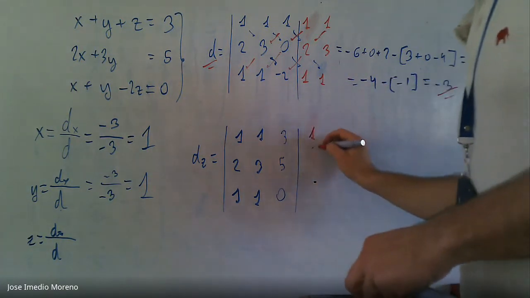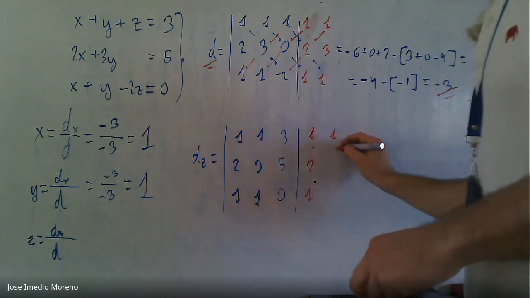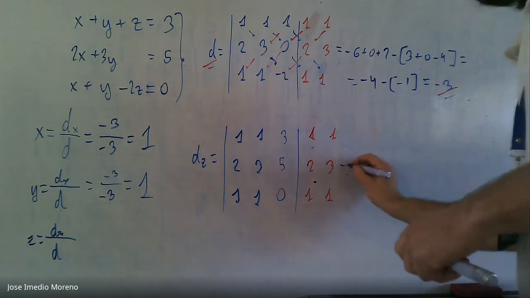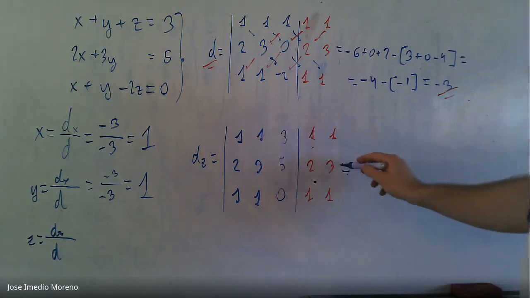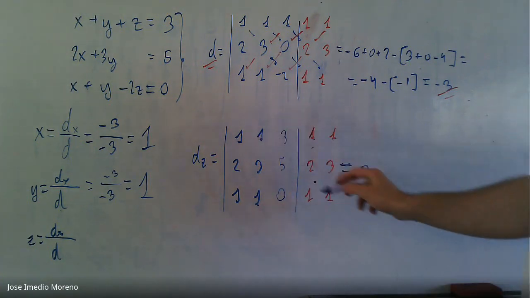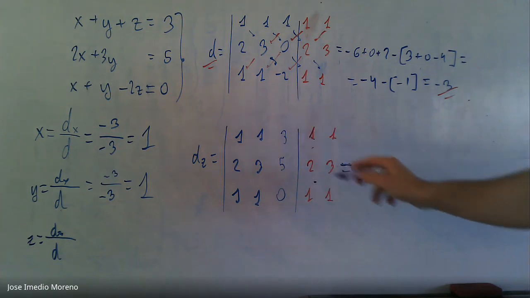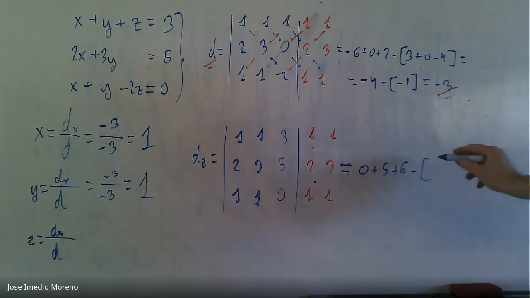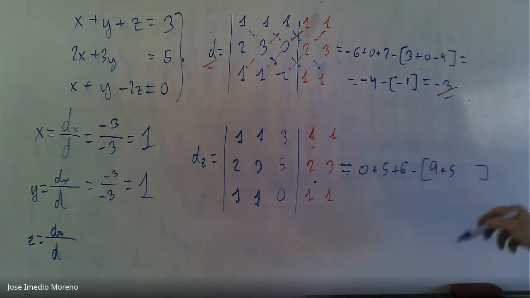Let's copy the first two columns and start computing. 1 times 3 times 0 is 0. 1 times 5 times 1 is 5. 3 times 2 times 1 is 6. And now let's subtract the secondary diagonals. 3 times 3 times 1 is 9. 1 times 5 times 1 is 5. 1 times 2 times 0 is 0.